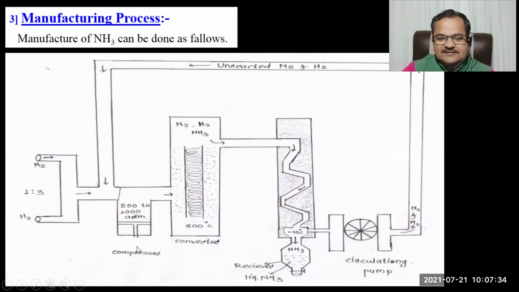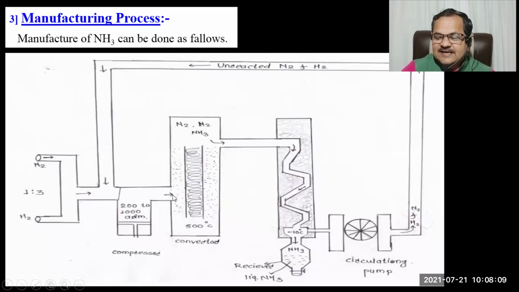Now again, this compressor compresses these unreacted N2 and H2 as well as the fresh incoming N2 and H2 to about 200 to 1000 atmospheric pressure. It makes these reactants more active, and then these activated, compressed, or pressurized N2 and H2 molecules are further fed to the converter.